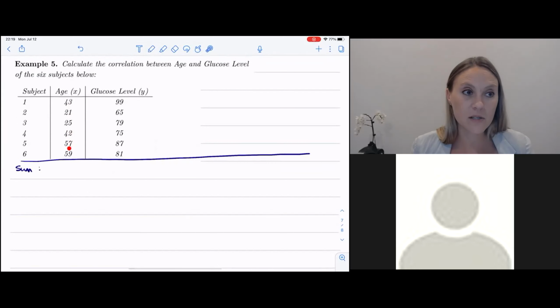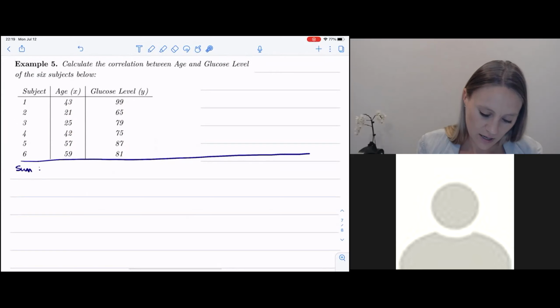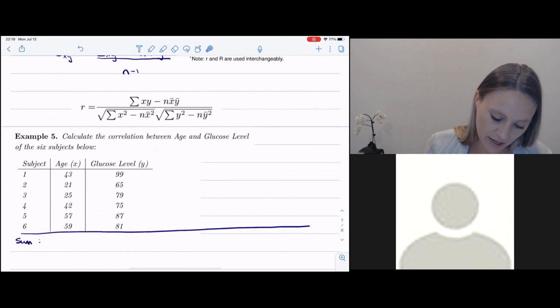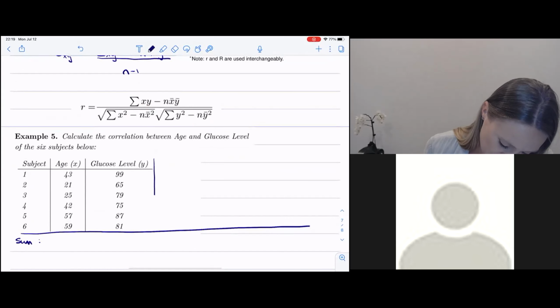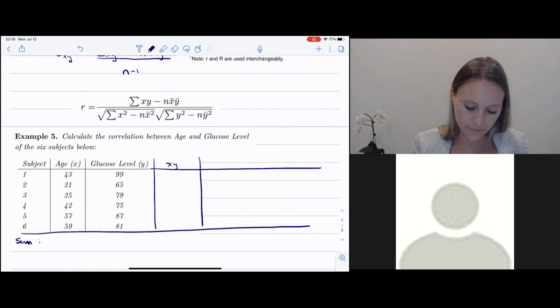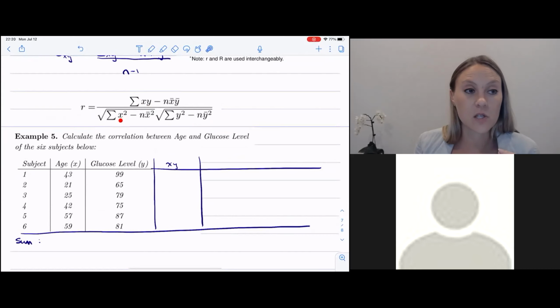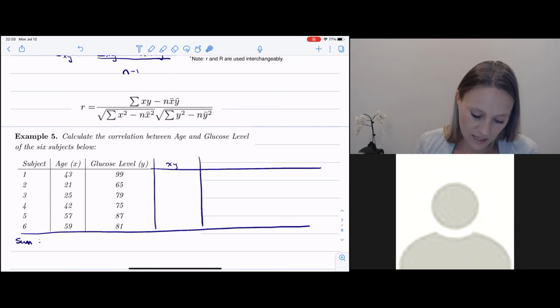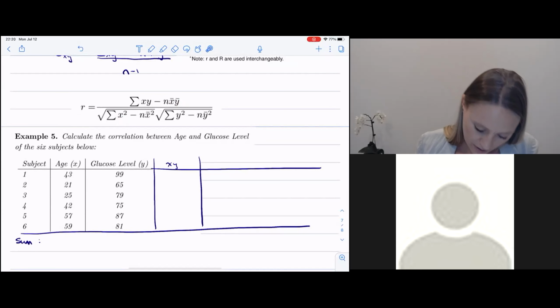So the sum of X, the sum of Y, and then I need the sum of X times Y. So I'm going to make a new column of X times Y. I also need a column of X's squared, because I need the sum of X to find X bar and the sum of Y to find Y bar. That's fine. But then I need my X's squared.